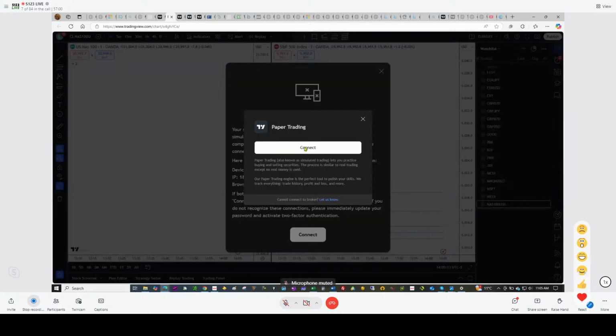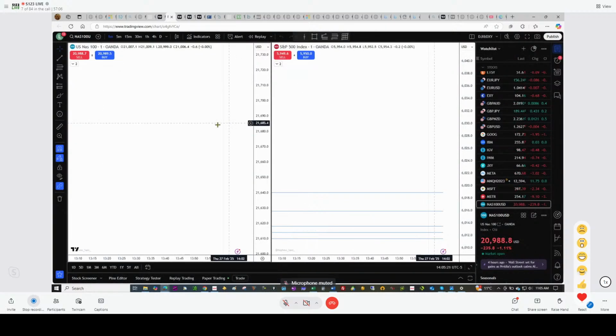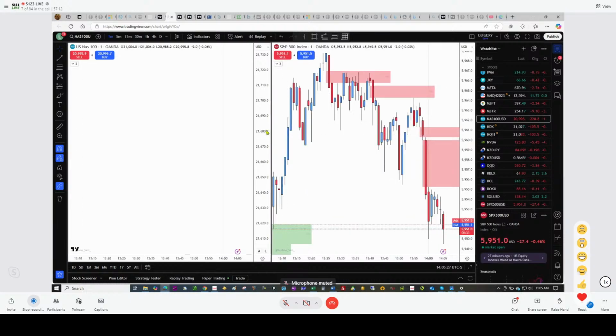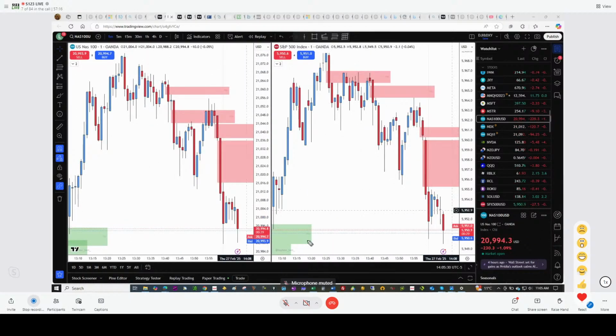So if I go to this chart here, for instance, I'm looking at the S&P and the NAS together to look for any divergences and so forth, because this can occur. So as I'm speaking, it's occurring. We've got divergence right here on the NAS and the S&P.